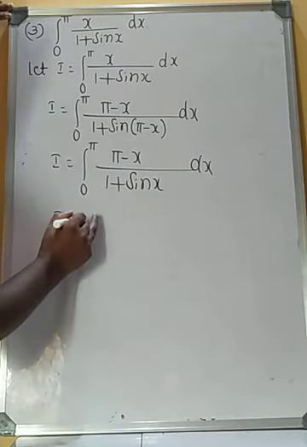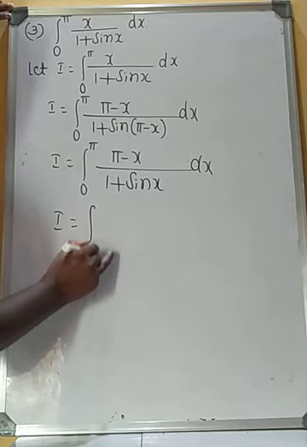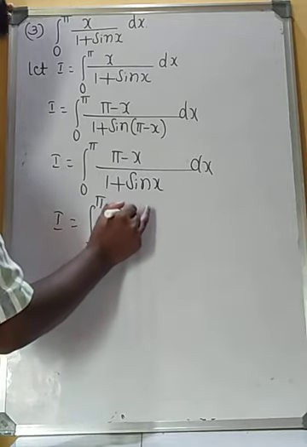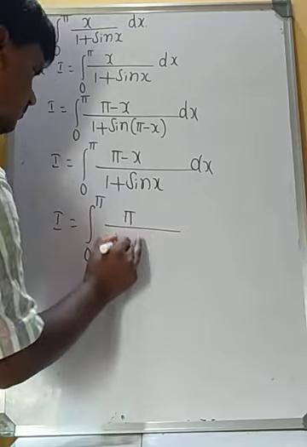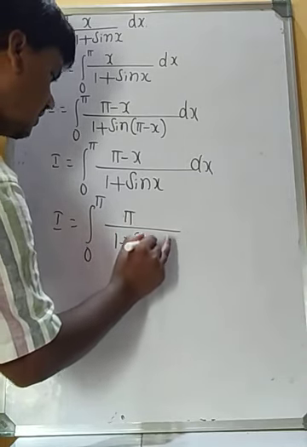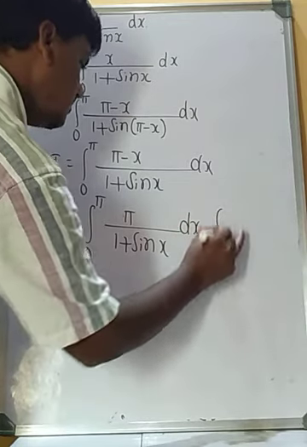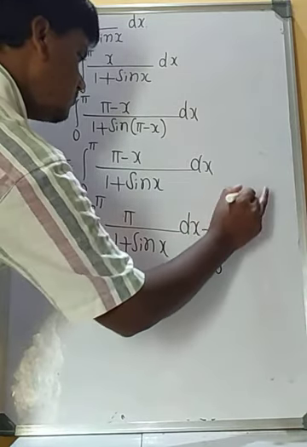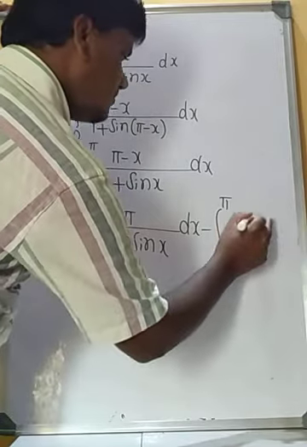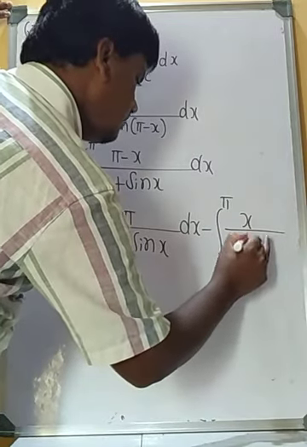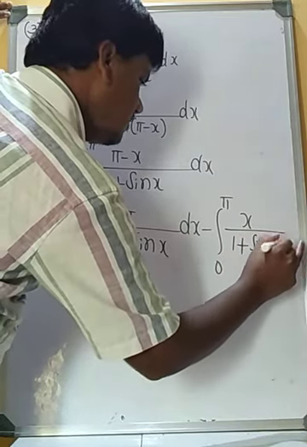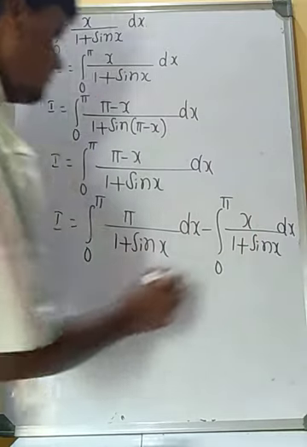Therefore I equals integral 0 to pi of pi divided by 1 plus sin x into dx minus integral 0 to pi x divided by 1 plus sin x into dx.